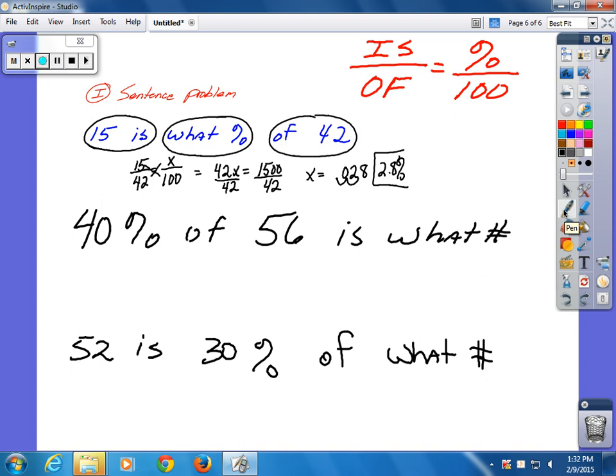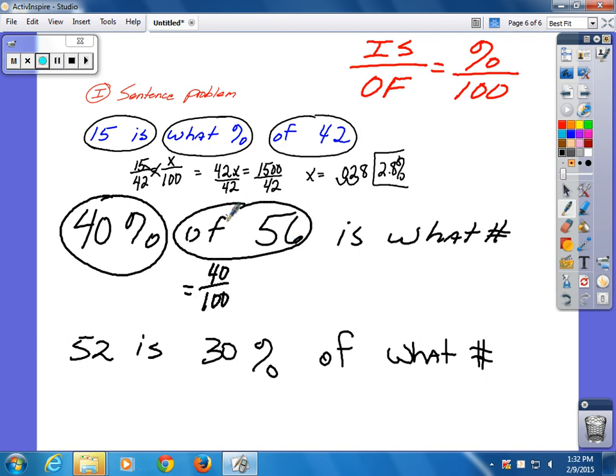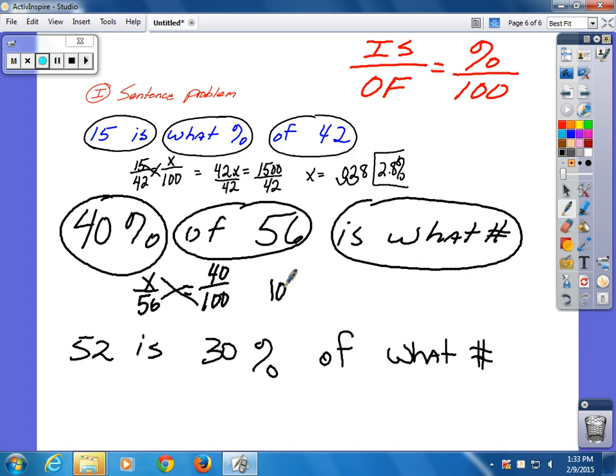So, what goes in the percent spot? The percent spot. 40%, so that's 40 over 100. Of 56. What goes in the is spot? Cross multiply. 100x is equal to 40 times 56.